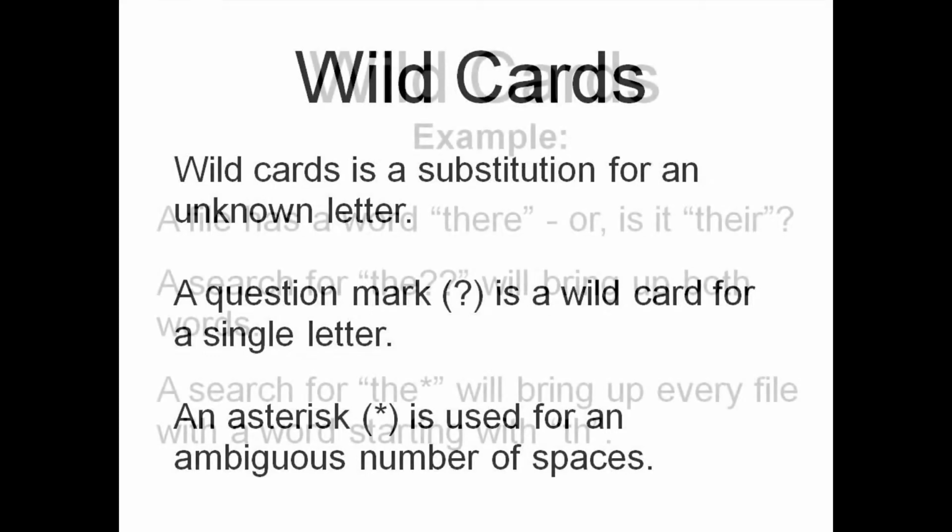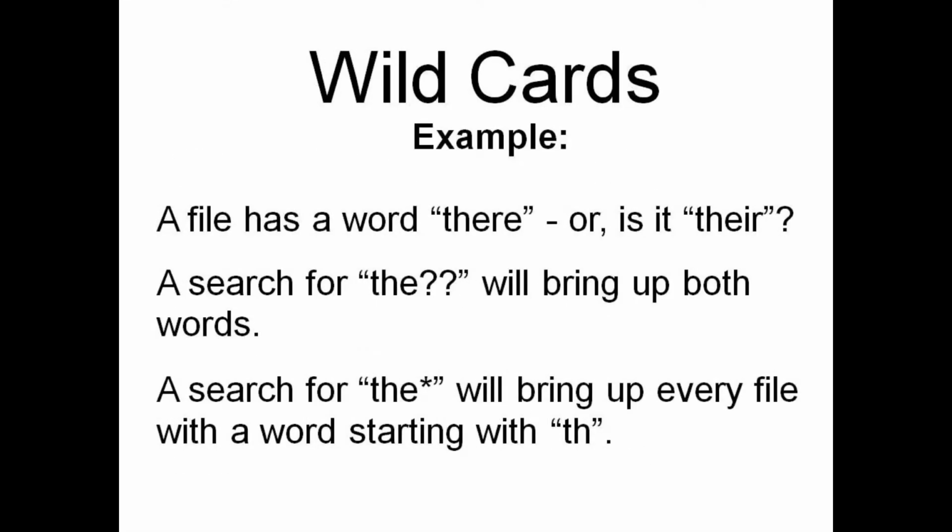For example, a file has the word "there" or "their," signifying a difference of ERE or EIR. So we will use a wildcard to search for THE question mark and question mark, and it will bring up everything with both cases. So that is one way that we can use a wildcard to find what we're looking for.